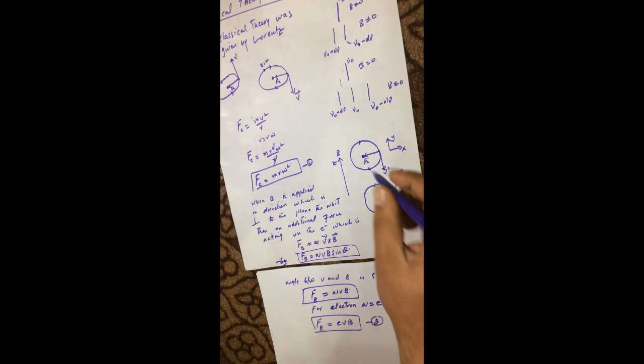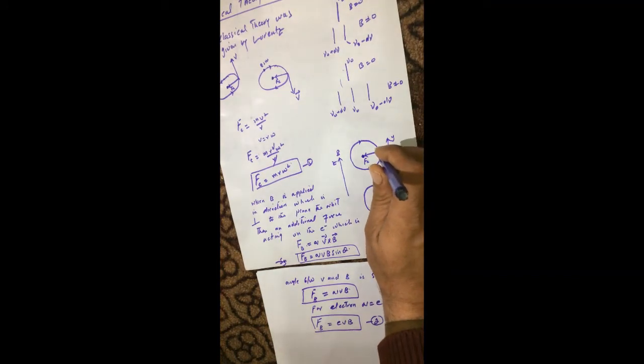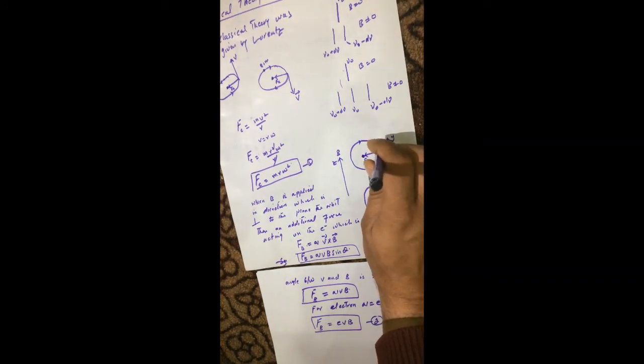Now, what will be the direction of this force? If I consider here, velocity is this one and the magnetic field is this one.